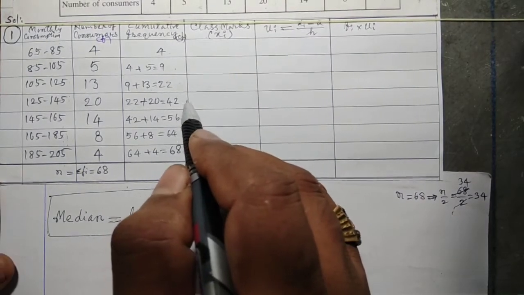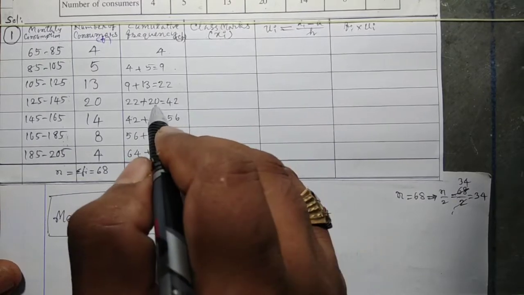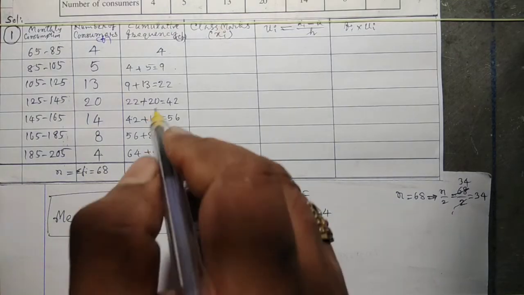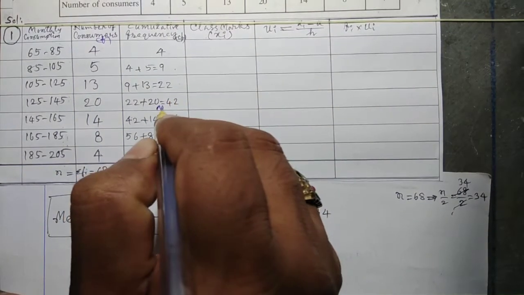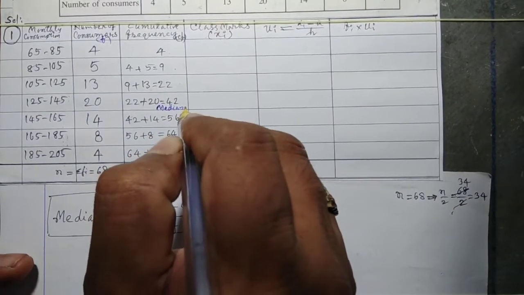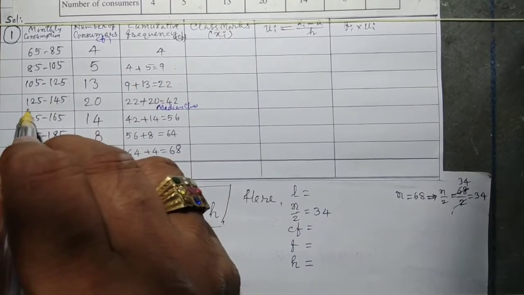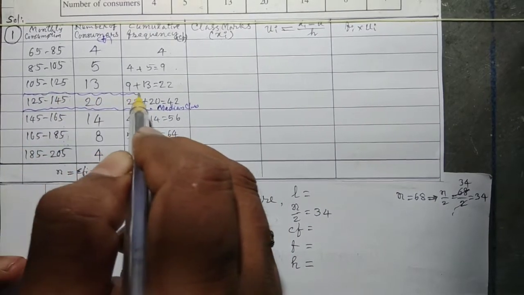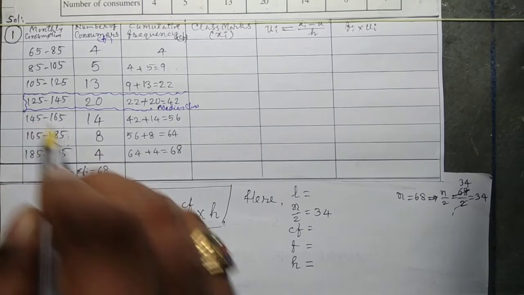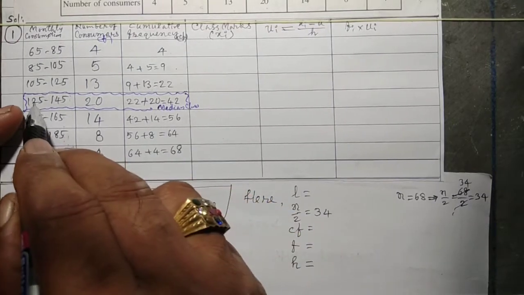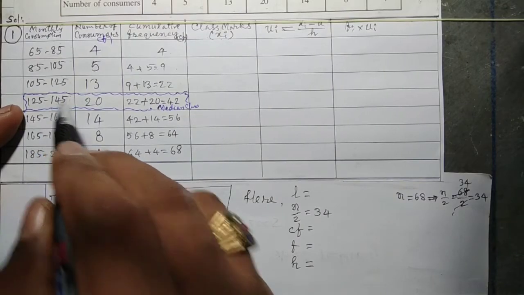So this is called the median class. Median class is 125 to 145.